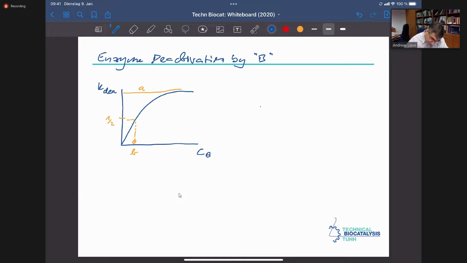that mathematical form, that we can then say, okay, the deactivation rate not for a specific constant, but generally for B equals A times concentration of B divided by B plus a concentration of CB.